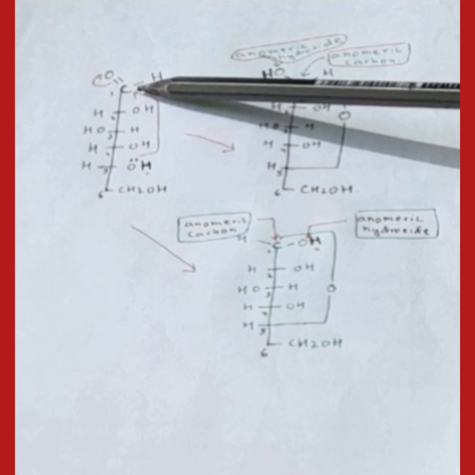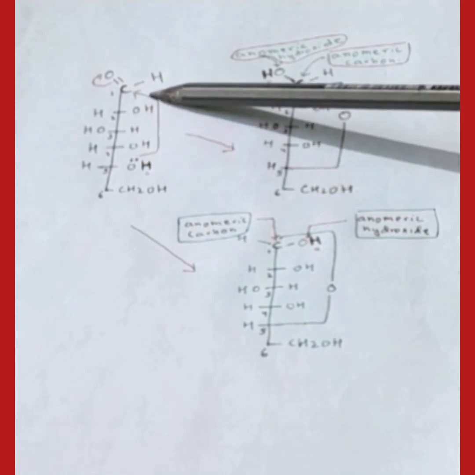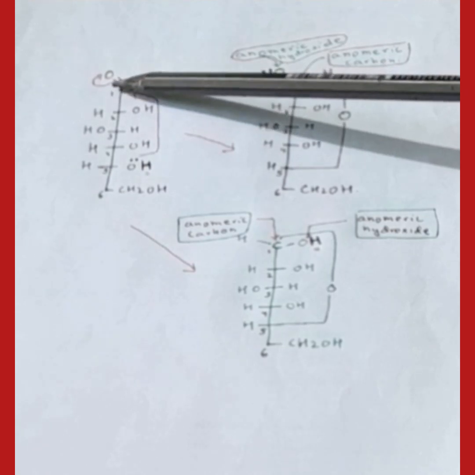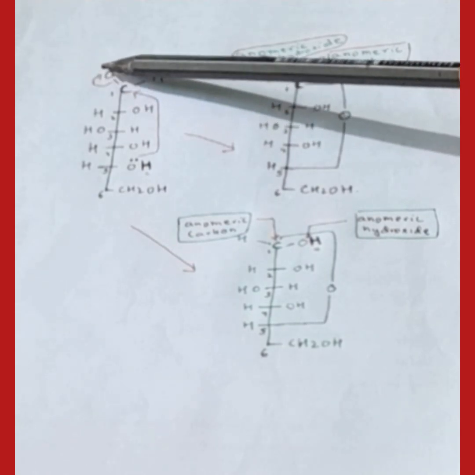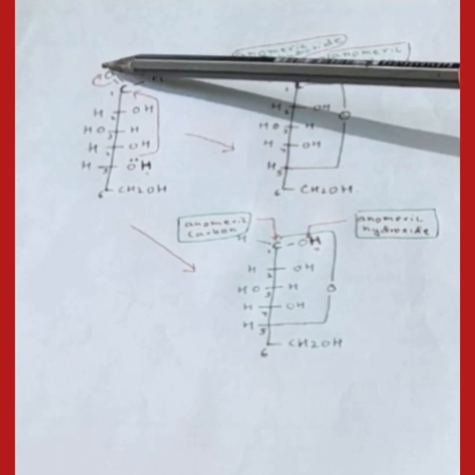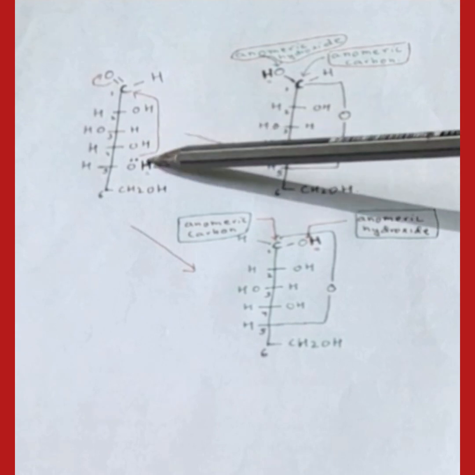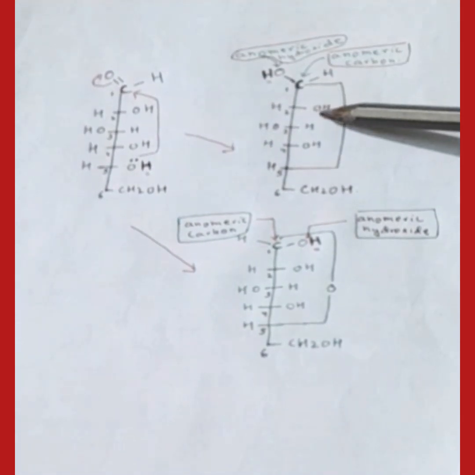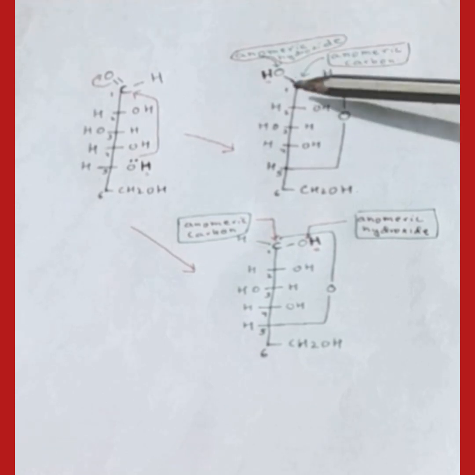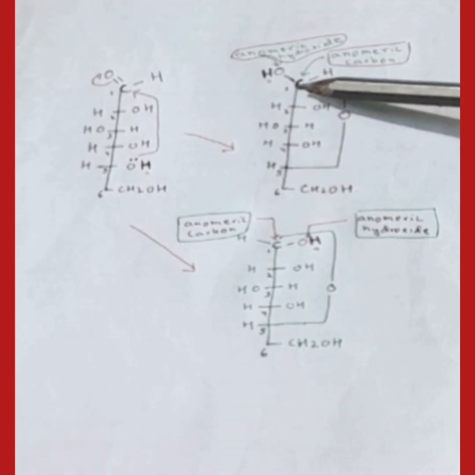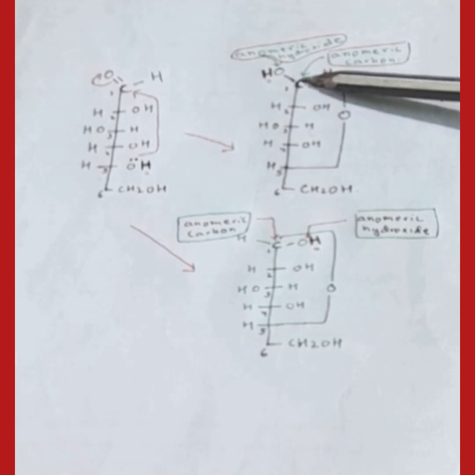As this does a nucleophilic attack on this carbon, this pi bond goes above the oxygen, generating O minus. As it generates O minus, it takes this proton there, rendering this structure. So now what has happened? See, a cyclized structure has formed.